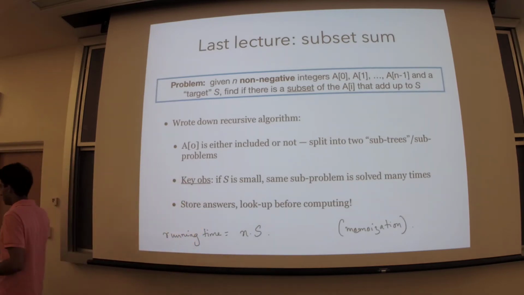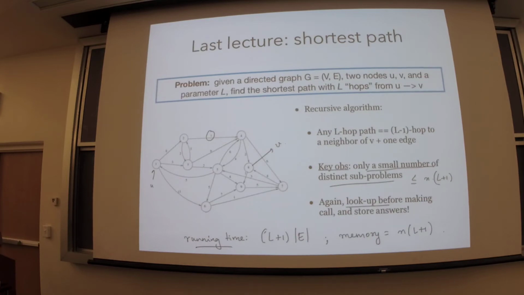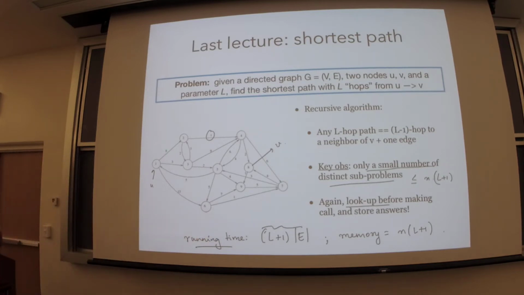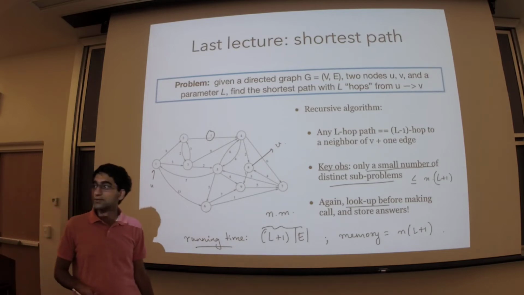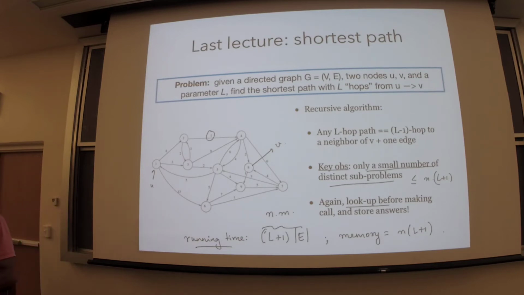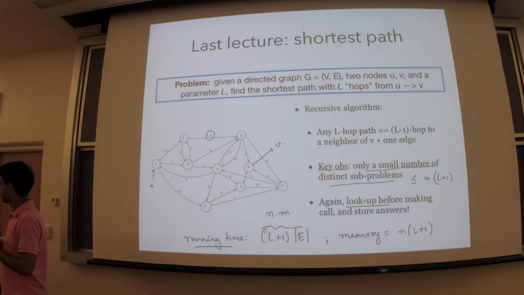But unlike this, here it's truly polynomial, because L can be at most n, so this is something like n times m. Here m is the number of edges, and n is the number of vertices. So this is actually really polynomial. Any questions before we move on?